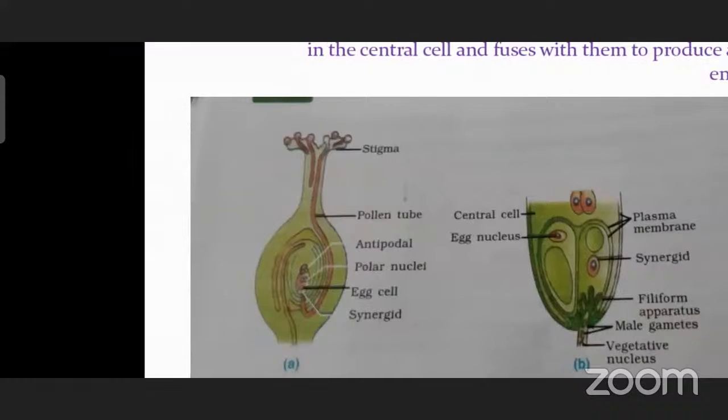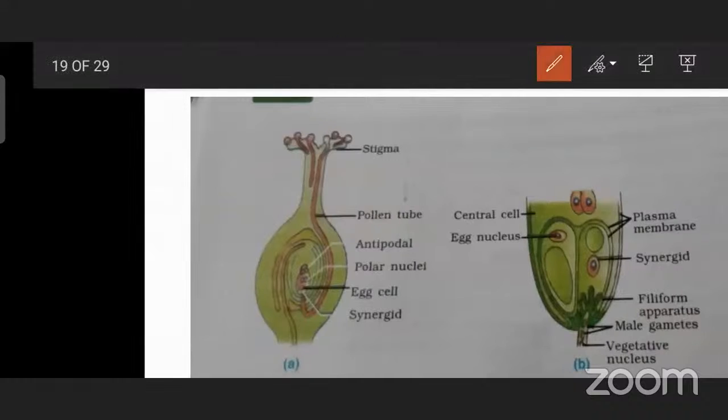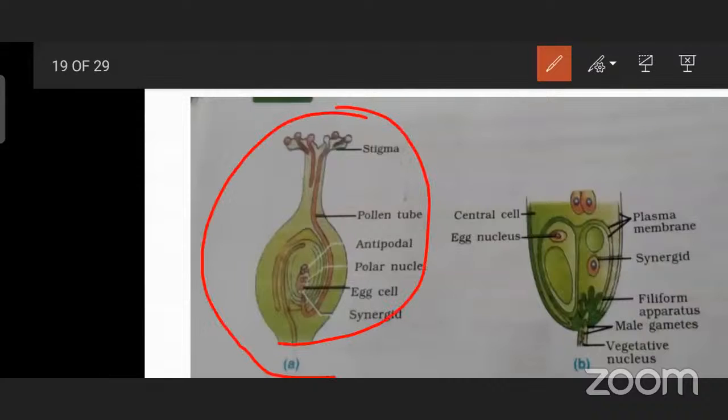See here, what is double fertilization? See here, this is a pollen grain germinating on the stigma. This is the stigma. These are pollen grains germinating on the stigma. This is the pollen tube.